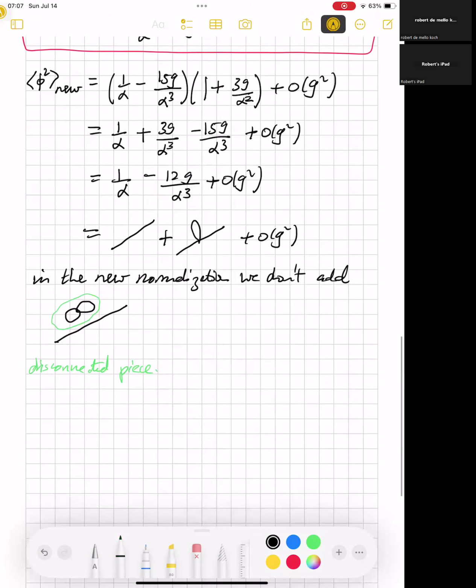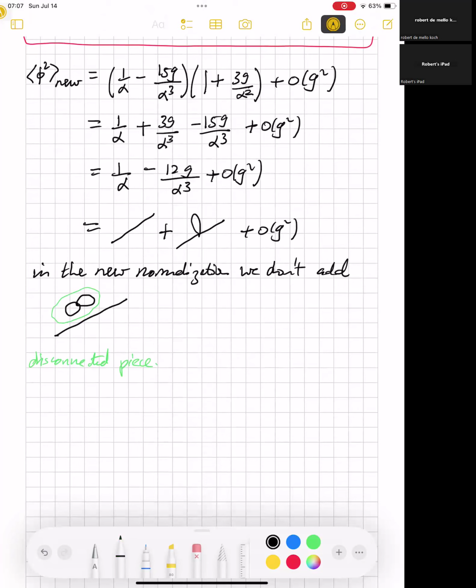Whenever you have a diagram like this with a disconnected piece, that means, remember, if we put our dots on for the correlator, there would be the 2 dots, and that disconnected piece does not connect to any dots. So let's put not connected to dots. That's what I mean by disconnected, okay? It's not connected to the dots in any way.